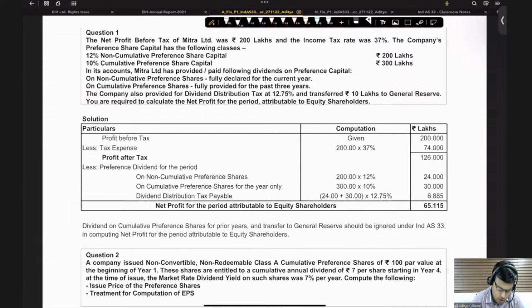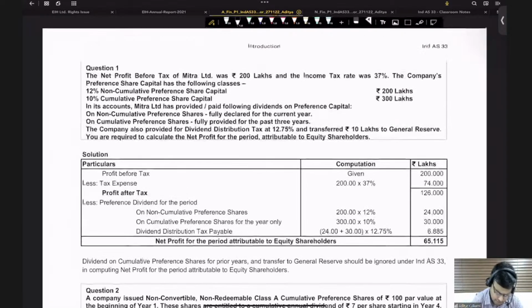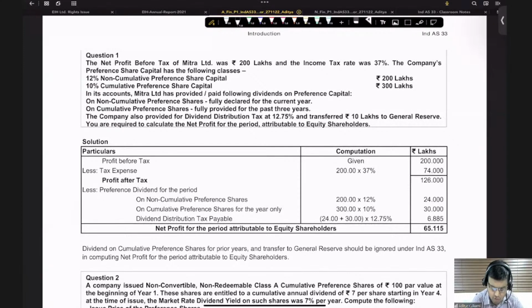Now the net profit, this should be fine. You know, cumulative preference shares and non-cumulative preference shares. That is okay. We'll write a note on this towards the end of today's class when we come to discussing the numerators. But you know the concepts.